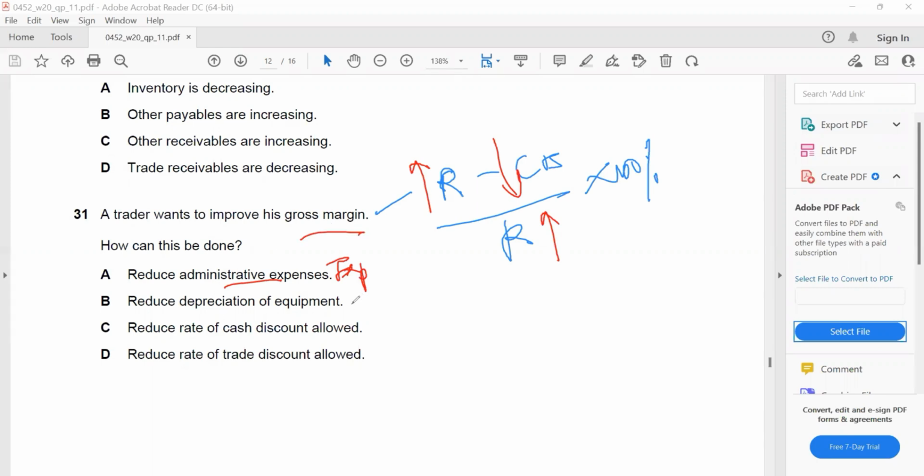Reduce depreciation: this is also an expense. Reduce rate of cash discount allowed: cash discount is also under expenses. Reduce the trade discount allowed: when this is reduced, revenue will increase. So the answer should be D.